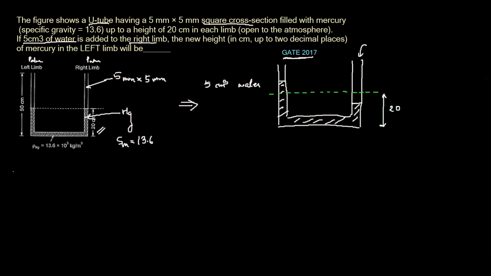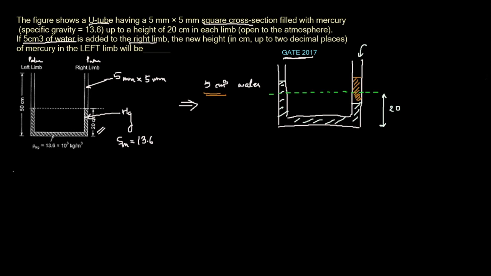So water we will denote by some other color. So this is the added water. Here it's given that they have added 5 centimeter cube of water. So we want the height of the water added.